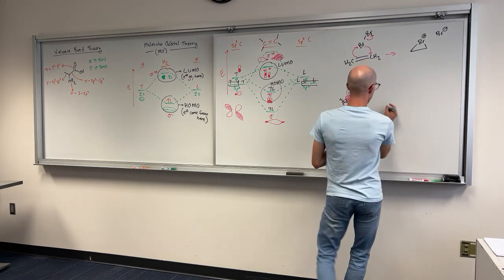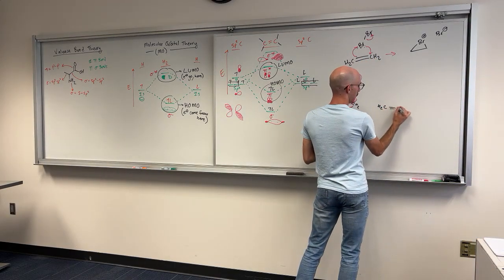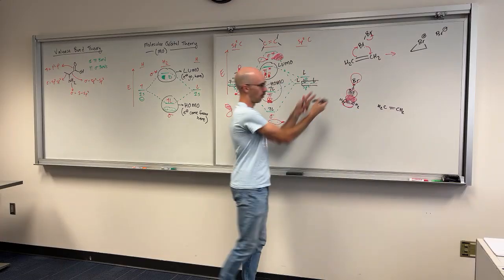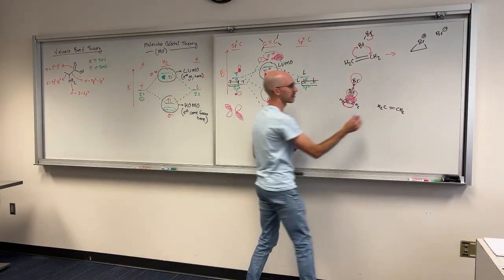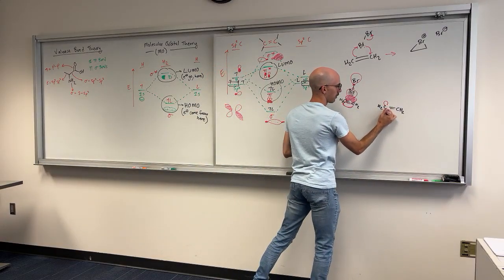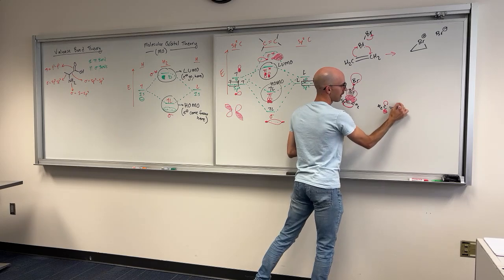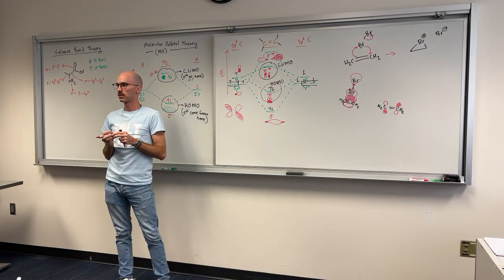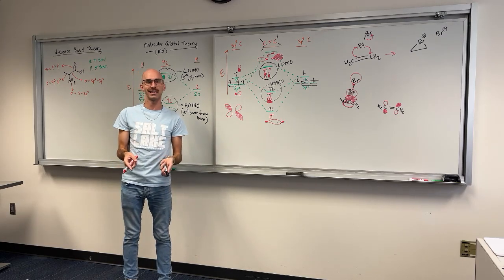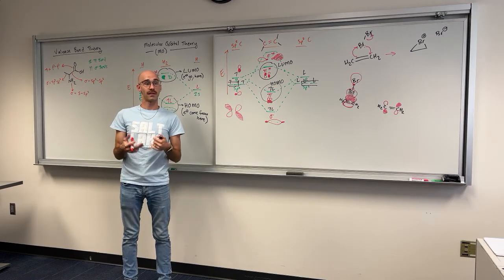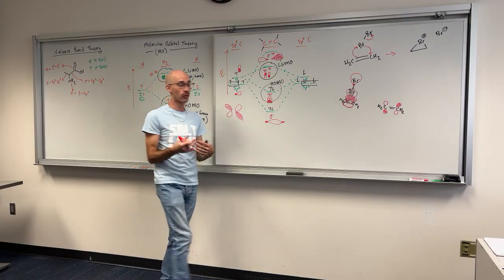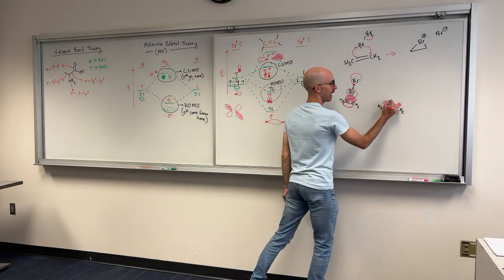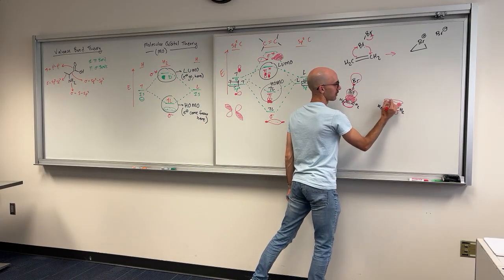So I'm going to draw this again because I can't draw that many orbitals in one place, and I'm going to draw the pi star orbital, which looks like out of phase p orbitals. Now for bromine to donate electrons into that orbital, it needs to have orbital overlap, which means it's going to have two regions.